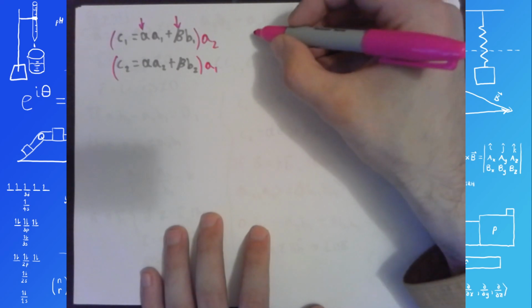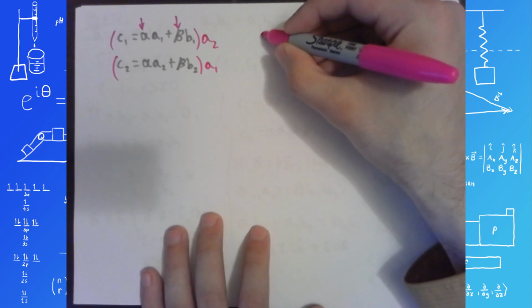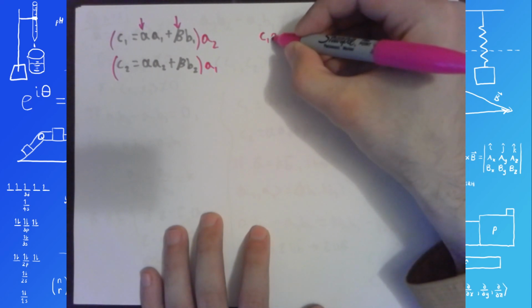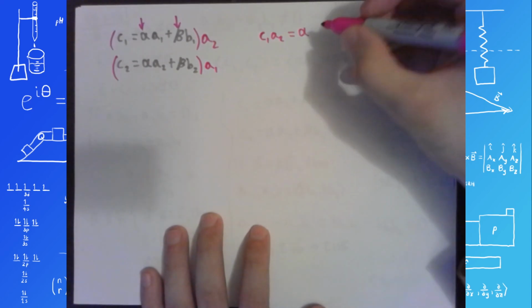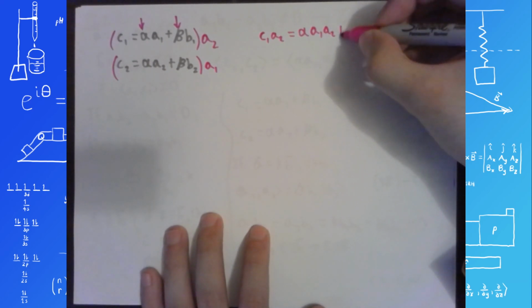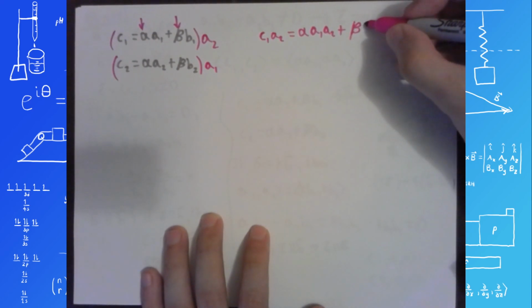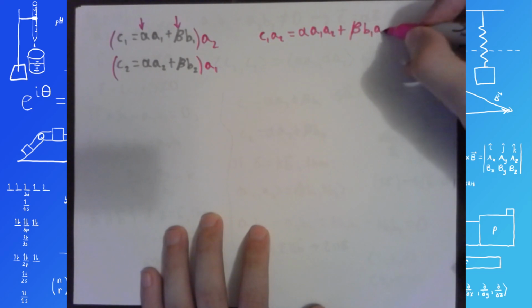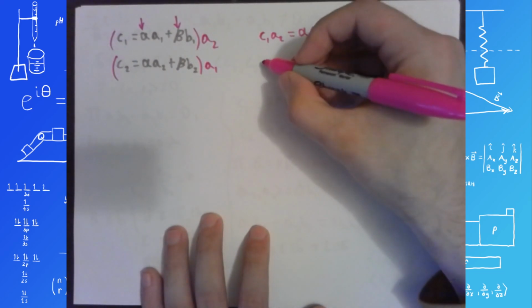And if I do that, then I'm left with C1A2 equals alpha A1A2 plus beta B1A2.